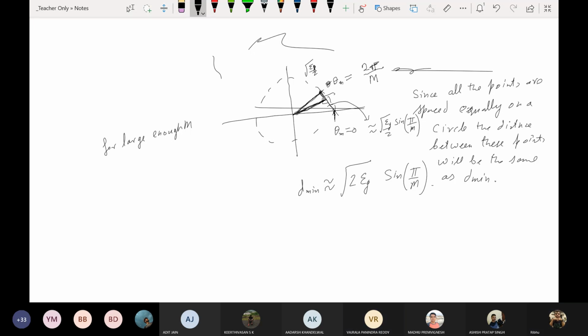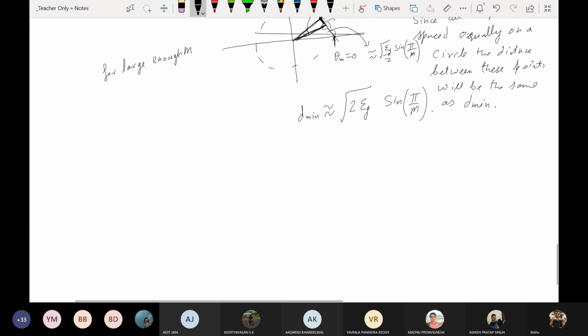The radius of the circle is root over Eg by 2. This acts as the hypotenuse. This is the perpendicular. And since the hypotenuse is root over Eg, this will be root over Eg sine pi by m, since this angle is pi by m. Fine.